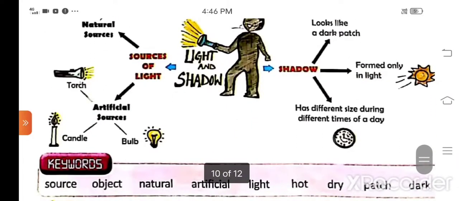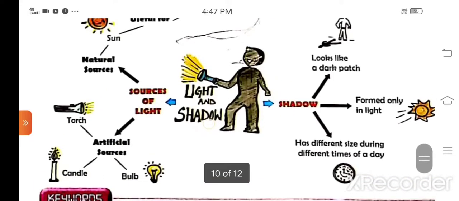Then this is the artificial source of light. What are the artificial sources of light? There are so many artificial sources of light. I have shown you many pictures. Here the torch, candle and bulb are the artificial sources of light.